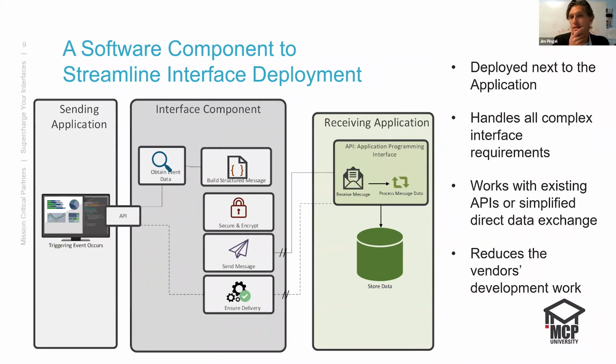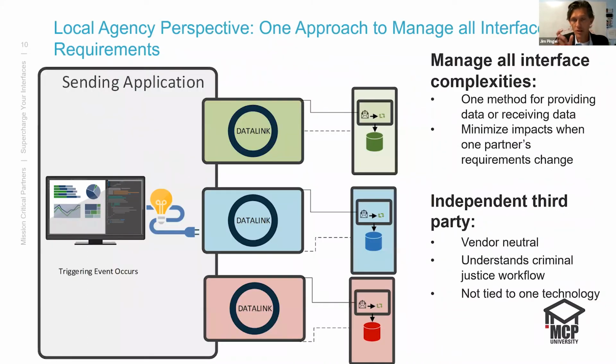So if we go to the next slide, once we've built that interface component that's specific to one type of interface, a few examples could be a CAD to CAD exchange where one CAD system initiates the transfer of a CAD event, whether either to another CAD system or to a records management system, building in the response and the resource availability and some of those other exchanges of information back and forth.